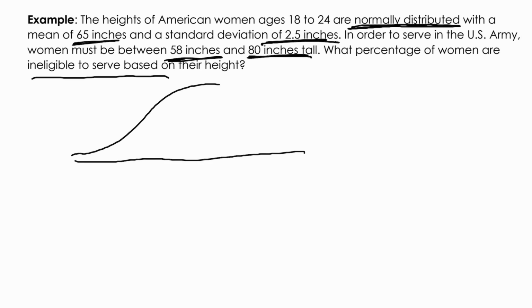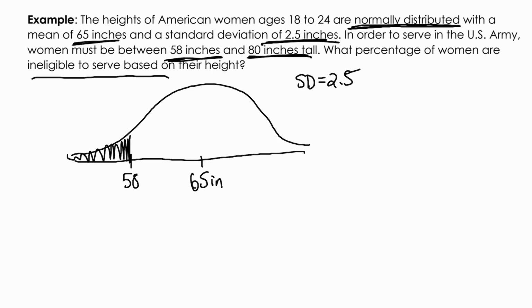So if we draw the picture, we have a standard deviation, which is 2.5. The mean goes in the center, which is 65 inches. So if you're less than 58 inches, somewhere over here we have 58 inches, that's the tail end, or more than 80 inches, so 80 inches is over here somewhere, that's the higher tail end.